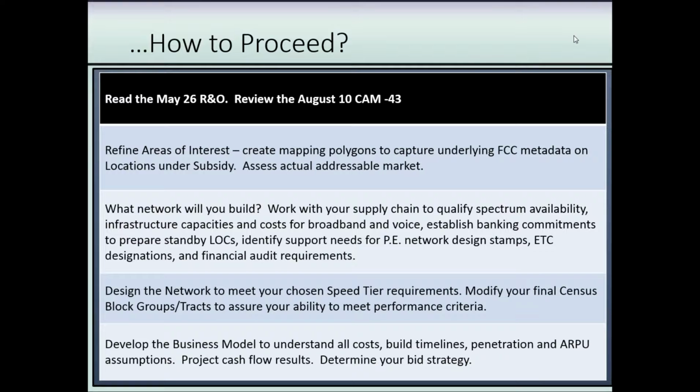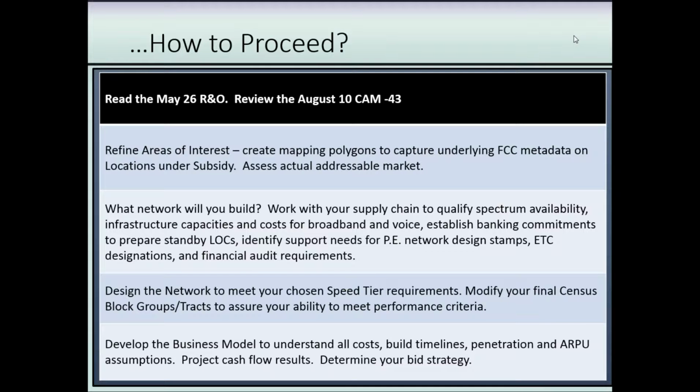And then there are other elements that are taking place, and I strongly encourage you to spend time with your supply chain, speak with your Cambium team, and look at all the new products across the board with all manufacturers to know where the new products are able to fit in the market.